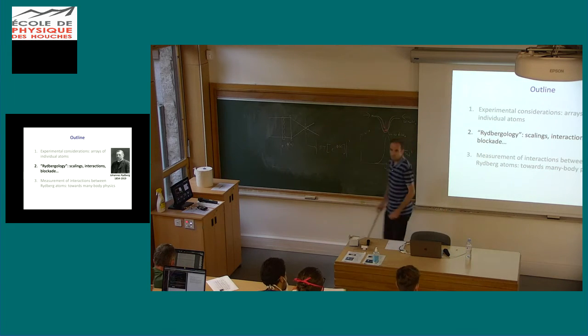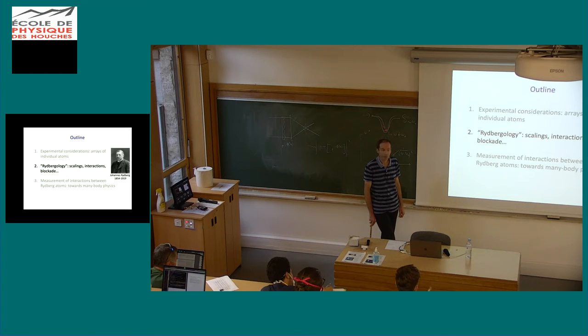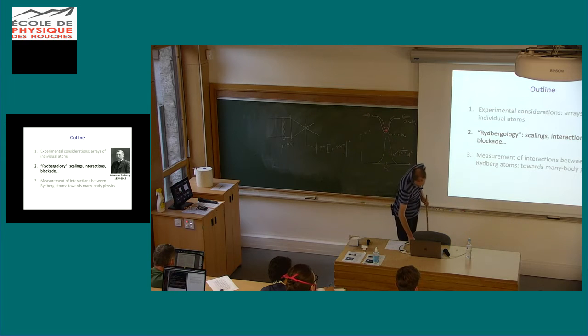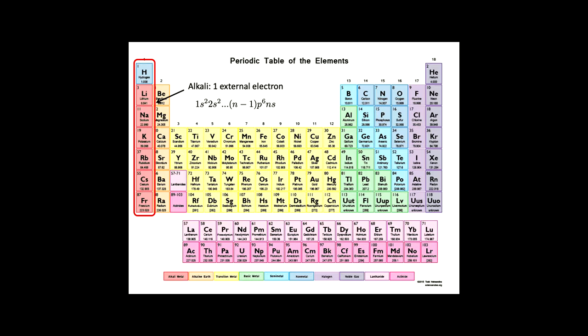1889 is the date when Mr. Rydberg, a Danish physicist, introduced the Rydberg states, that is to say, highly excited states. In the notes that I will put, so those slides will be on the website obviously, you will have some references for those of you who are interested in this.